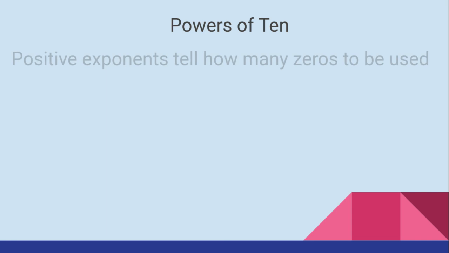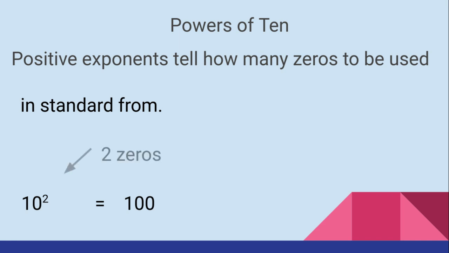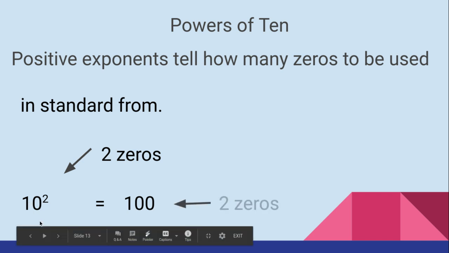Now, here's the quick method for this. As long as your exponent is positive, it's going to tell you how many zeros to use in the standard form. So if you notice, we had 10 squared, and there are 2 zeros, because remember, my exponent is going to tell me how many zeros.